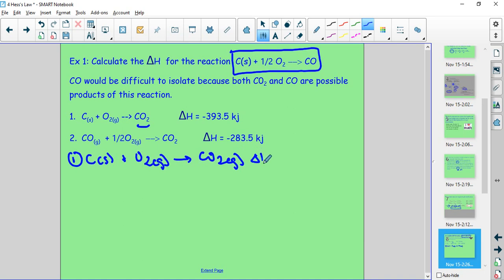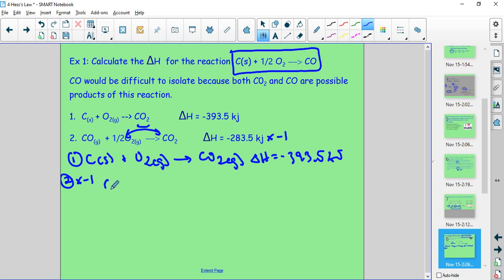Okay, and because I haven't changed that at all, it has the same enthalpy value. Okay, reaction 2, I am going to treat a bit differently. Reaction 2, I'm going to multiply that by -1. That means two things. Reactants and products get reversed, and this enthalpy value is also multiplied by -1.